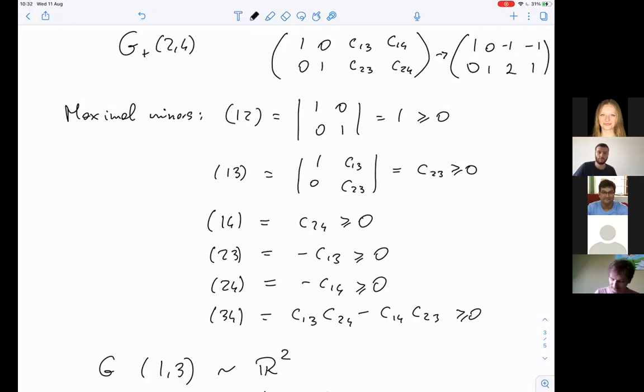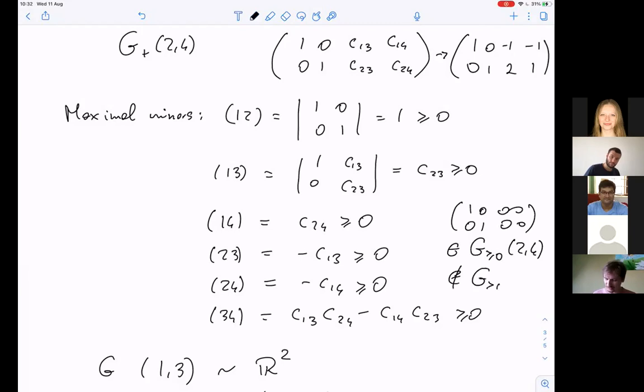So this point 1, 1, 0, 0, 0, 0, 0 is inside of the non-negative Grassmannian G(2,4), but it's not inside of the truly positive part, right? Because these inequalities would turn from soft to sharp, and zeros do not satisfy that. So this point is on the boundary of the positive part. Okay, good question.